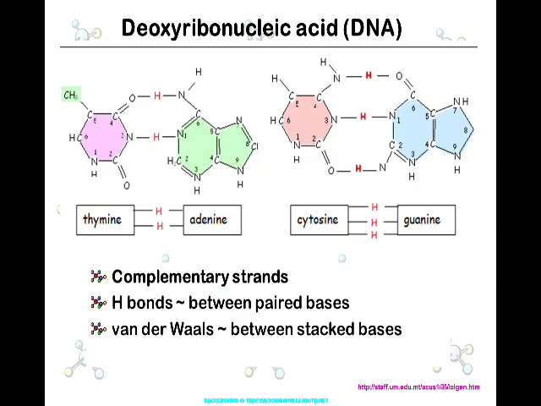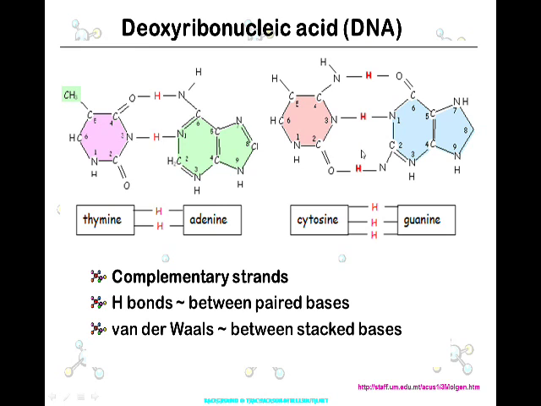So if you look at how those hydrogen bonds hold the two sides of the ladder together, make the rungs. Thymine and adenine, remember, always partner up, and they hook together with two hydrogen bonds. Remember, this is not a covalent bond. This is between molecules. There are two hydrogen bonds that hold those two together. And the C's and the G's, there are actually 3 hydrogen bonds that hold those two nitrogen bases together across the ladder.